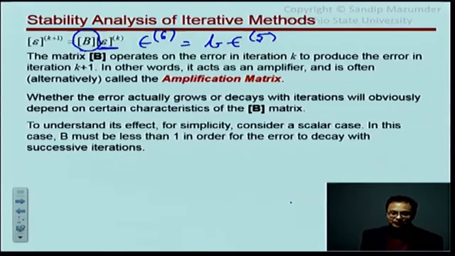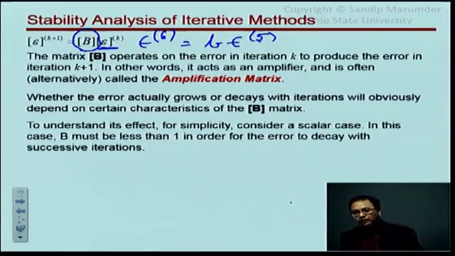Otherwise, if you do n iterations, epsilon at n is equal to b to the power n times epsilon at 1. Right? And if b is greater than 1, then some number greater than 1 to the power n, if n is large, is a huge number. I mean, 1.2 to the power 100 is probably a few million. So it will quickly grow and just blow up.